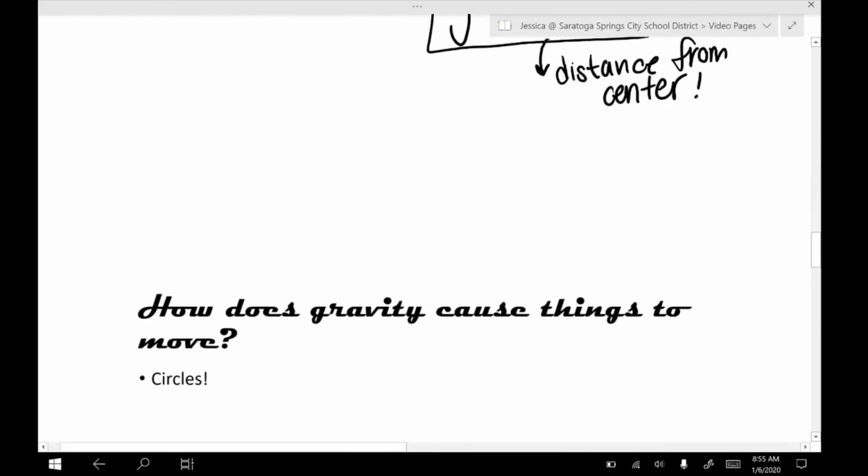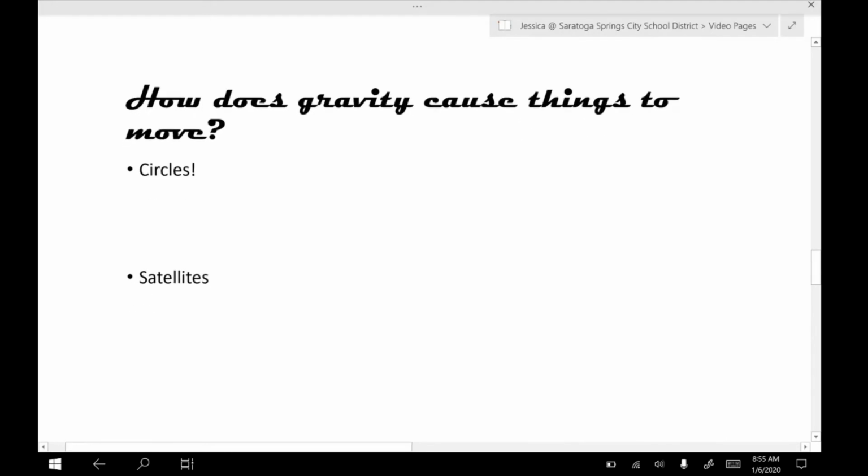Okay. So now let's talk about gravity moving things. Gravity causes things to move in circles. So what does that really mean? Well, let's think back to circular motion. If gravity causes things to move in a circle, then Fg is our centripetal force and is our mass times acceleration.